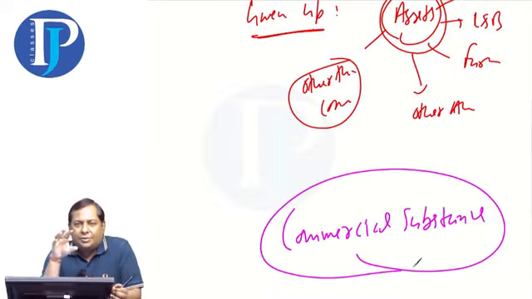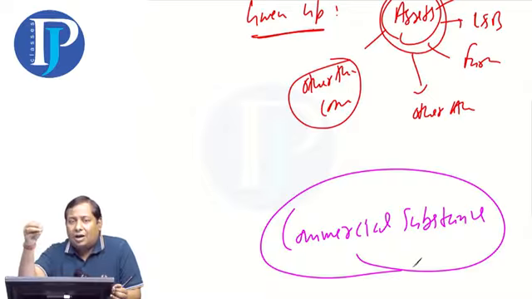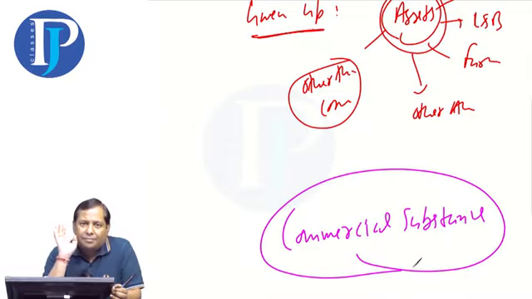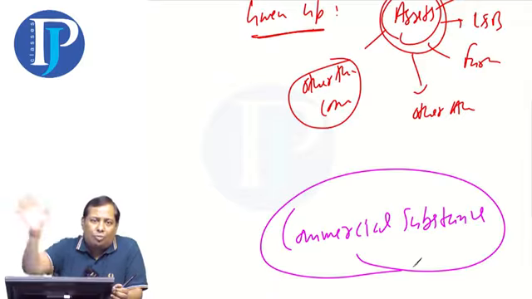Pay attention, suppose in an exchange commercial substance exists, then accounting will be done in one way. And if no commercial substance exists, then accounting will be done differently. Understood? The accounting model is a little different depending on whether commercial substance exists.